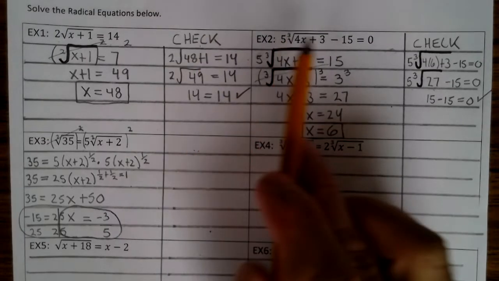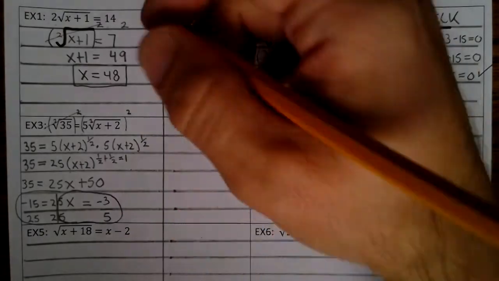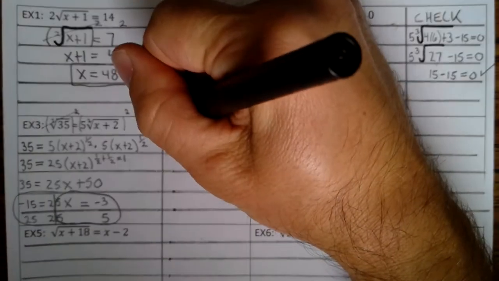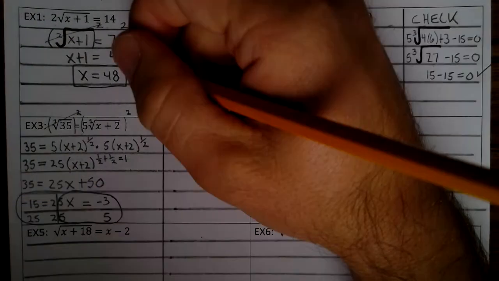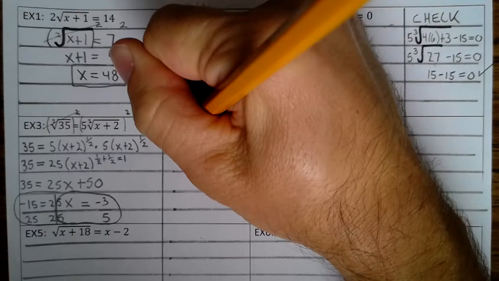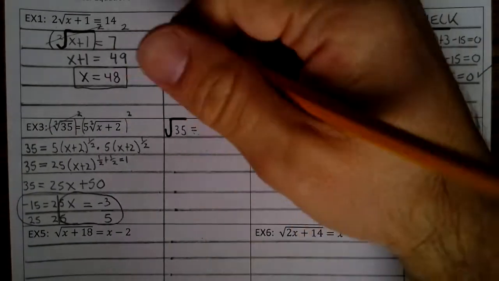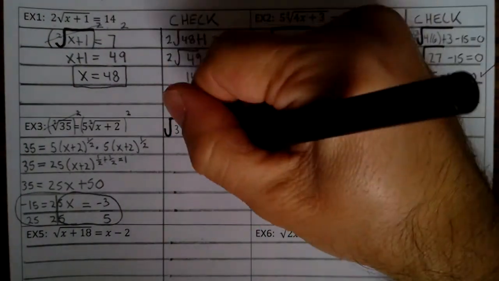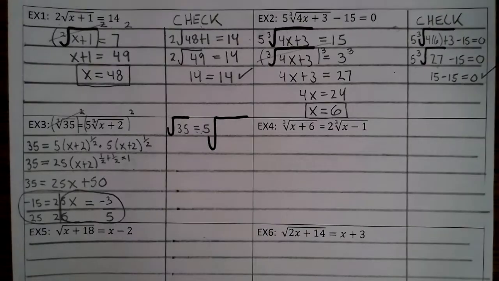So we get the square root of 35 equals 5 times the square root of negative 3/5 plus 2.